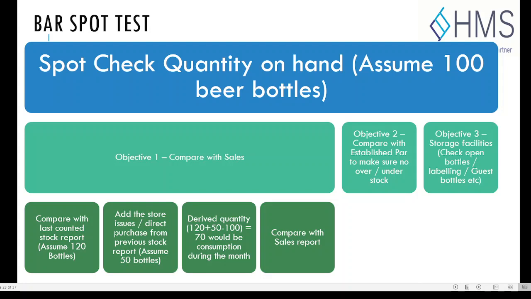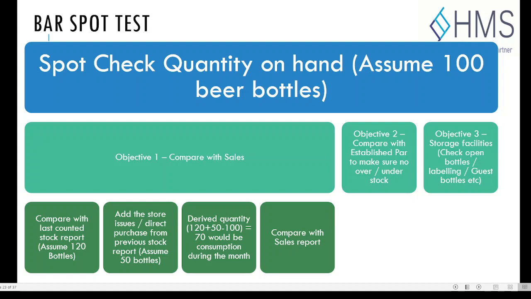And sometimes when you are mixing into the cocktails, then it's even more difficult, right? Because based on the sales, you have to calculate how much of that particular cocktail you have sold. So it's a bit of a difficult job for items which are used in other cocktails, but for items which are sold typically in cans or in bottles, it's easier to do, right?